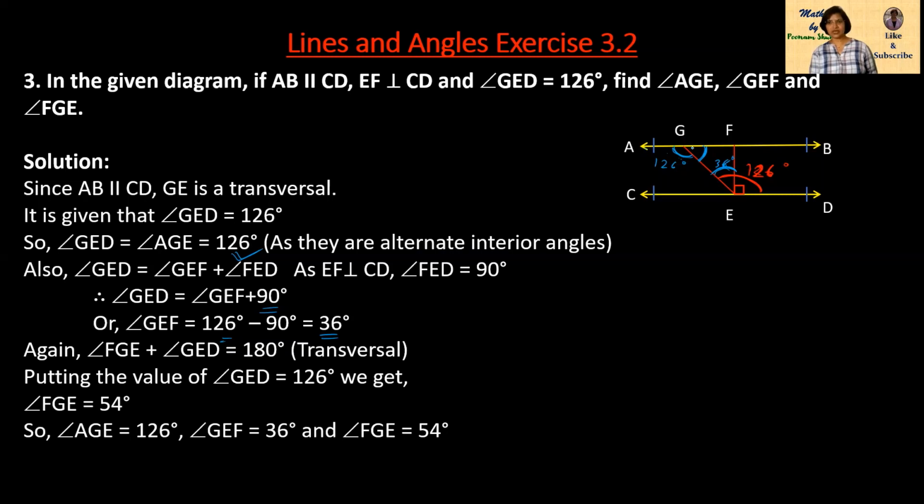Either you can do FGE plus this angle, or you can do FGE plus this angle. Both are the same, right? The total will be 180 for these two. So if you put 180 and then put the value of GED as 126, then FGE we will get 54 degrees.